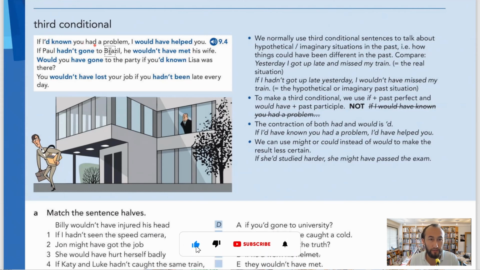If I'd known you had a problem, and then we've got here, if Paul hadn't gone. You see, hadn't, negative, hadn't and gone. We call them past perfect, guys. Okay, and in the main part we should have would have or wouldn't have, negative, and then past participle. Would have plus past participle, or wouldn't have plus past participle.